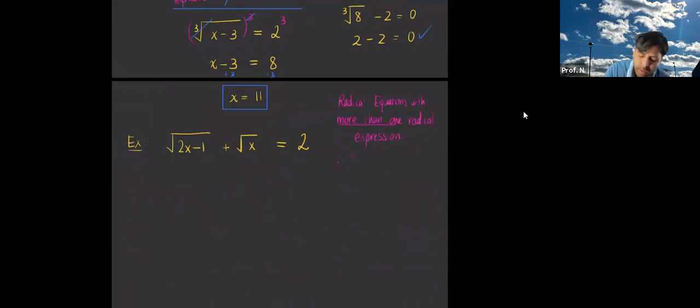So split up the radicals on opposite sides of the equation.